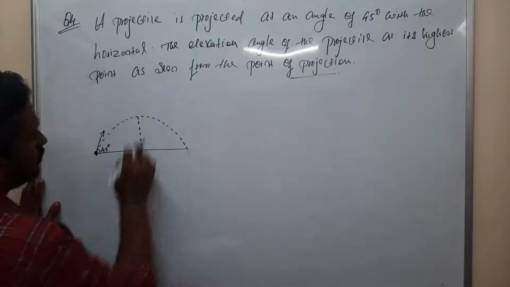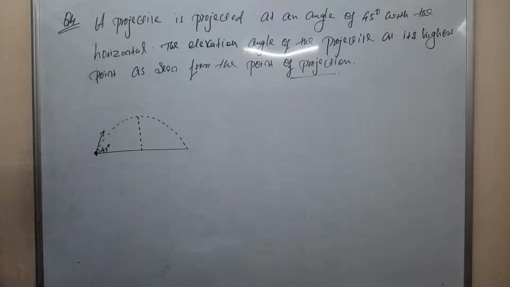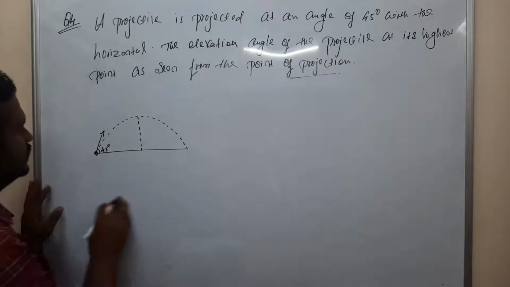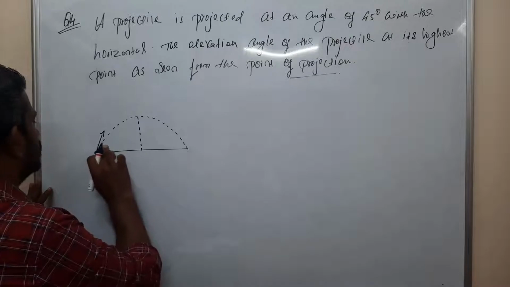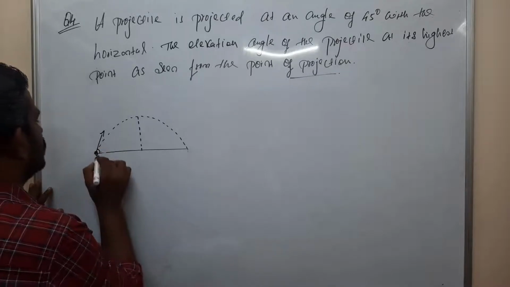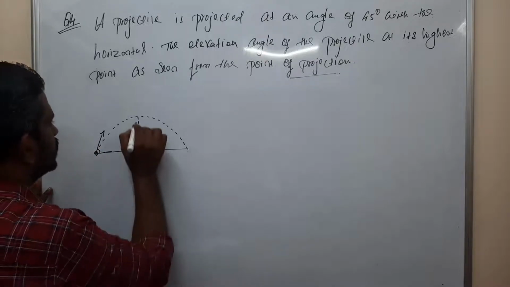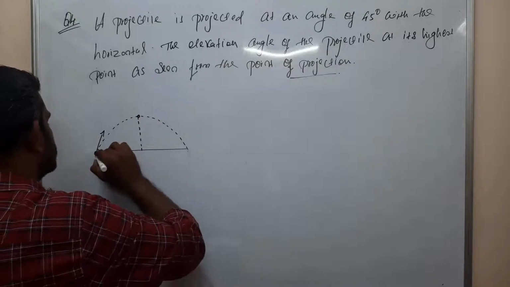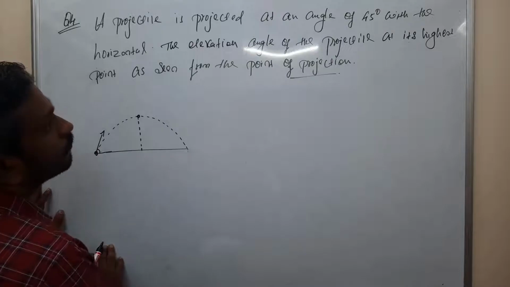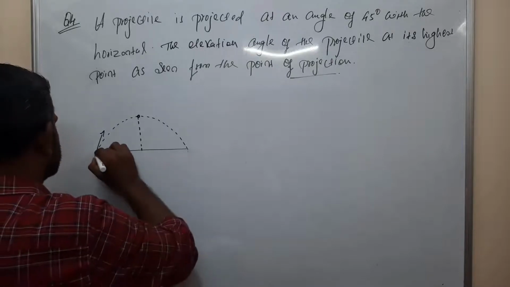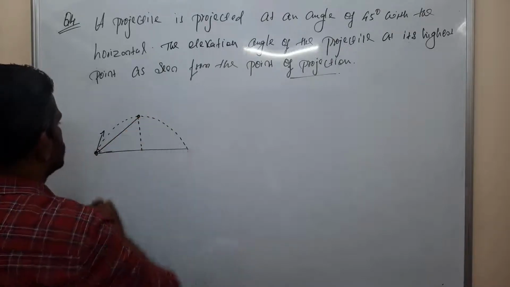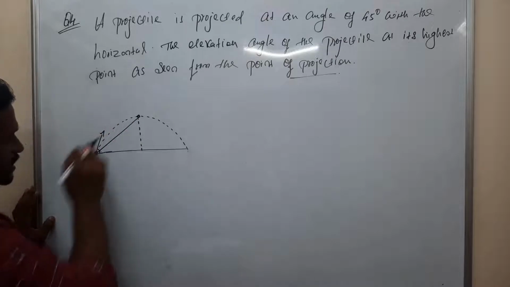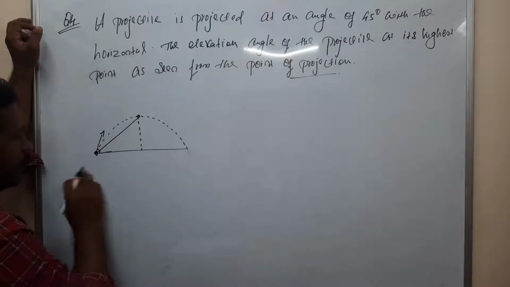So this is the maximum point, at its highest point or maximum height. So the angle of elevation of the projectile, so the projectile is at this point. This is the elevation angle of the projectile as seen from the point of projection.